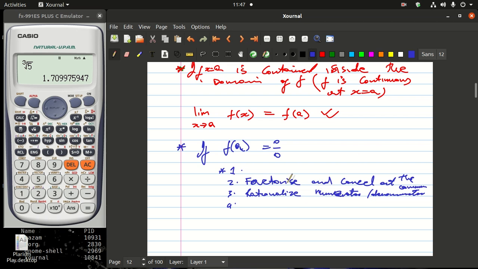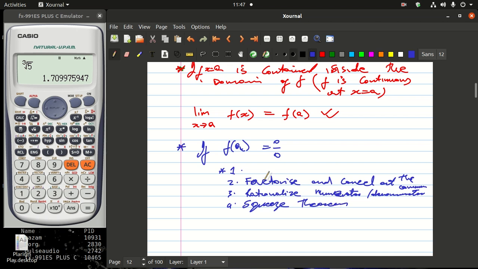And then if this one is not working and that one is not working, all you need to try is the squeeze theorem. You either factorize. If you can't factorize, you try rationalization of either the numerator or denominator. If that cannot happen, you are left with the squeeze theorem.